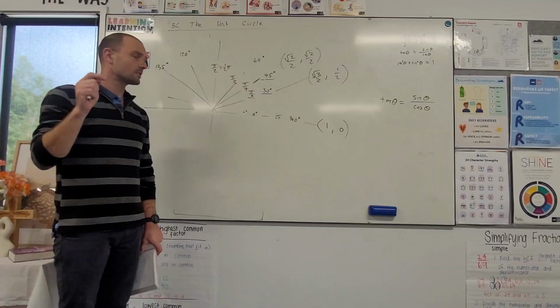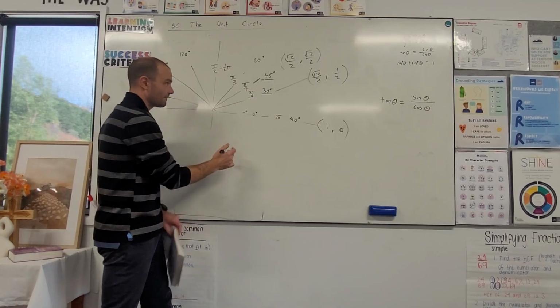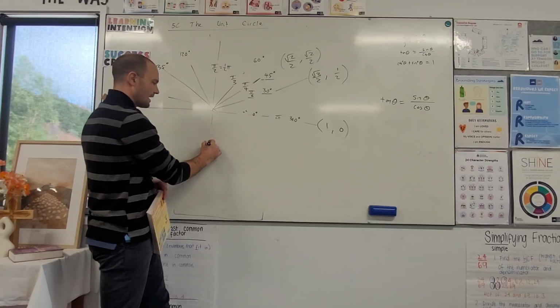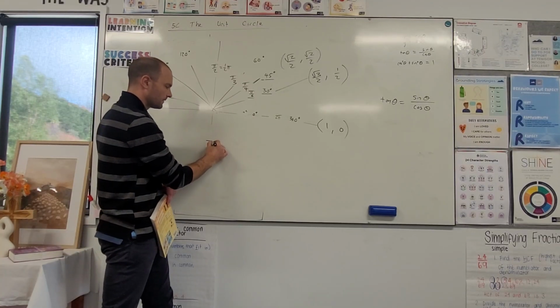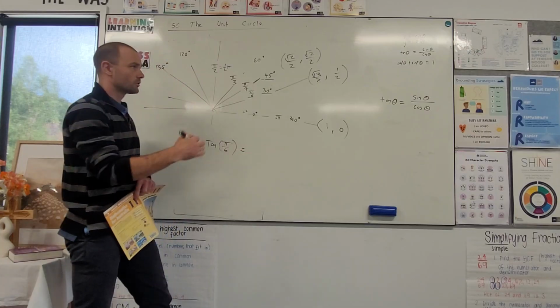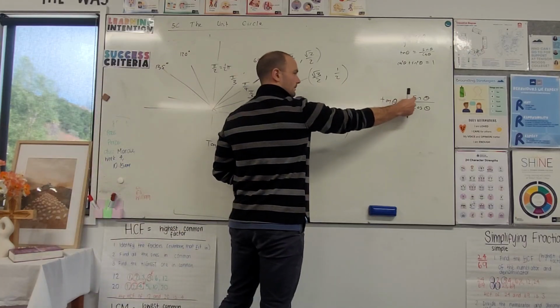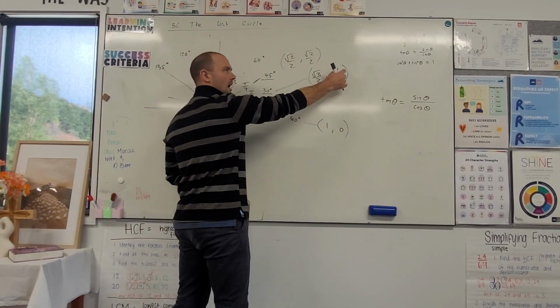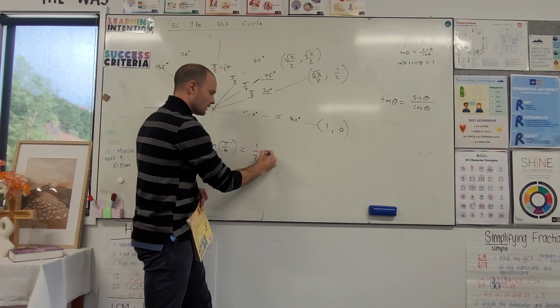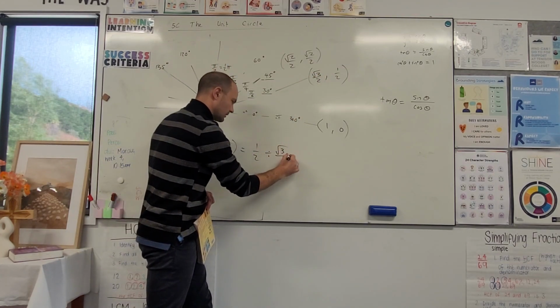Now, we can type that in our calculator, right? Let's do it here for tan theta for 30 degrees. We can have tan of pi on 6, tan of 30 degrees, is equal to sine theta divided by cos theta, which is half divided by root 3 on 2. You could type this into your calculator.